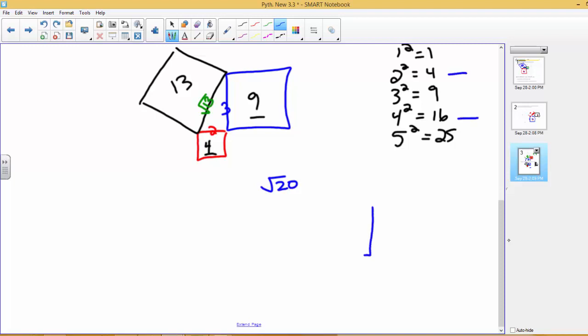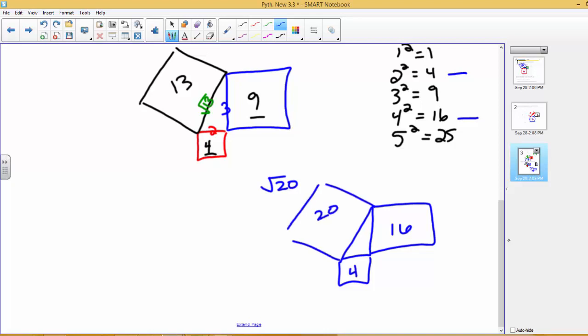So a square that has an area of 16 and a square that has an area of 4 will give you a tilted square with an area of 20. So a 4, because that's the square root of 16, by 2, because that's the square root of 4, will give you a diagonal hypotenuse that is the square root of 20.